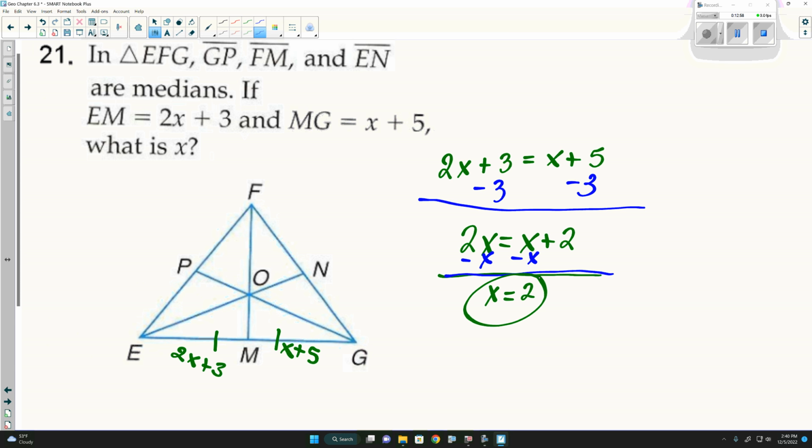It just asks for what x is. If we wanted to, we could. Well, 5 plus 2 is 7. They're both 7. Any questions on this here?